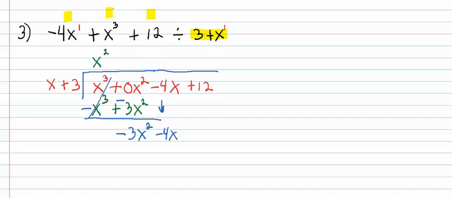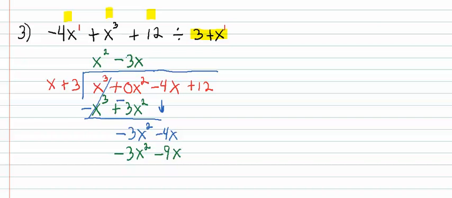Okay, then I'm going to go x times what is going to give me negative 3x squared, and it's going to be a negative 3x, because negative 3x times x is going to give me negative 3x squared. Negative 3x times 3 is going to give me a negative 9x.